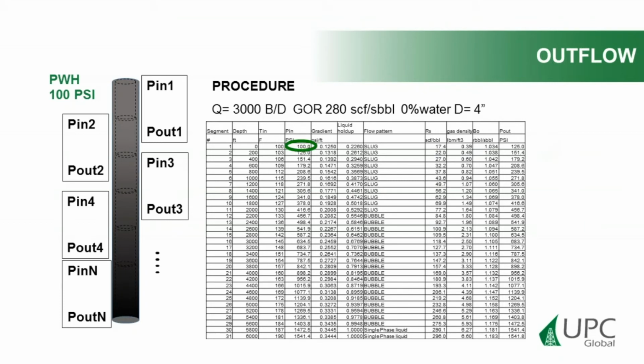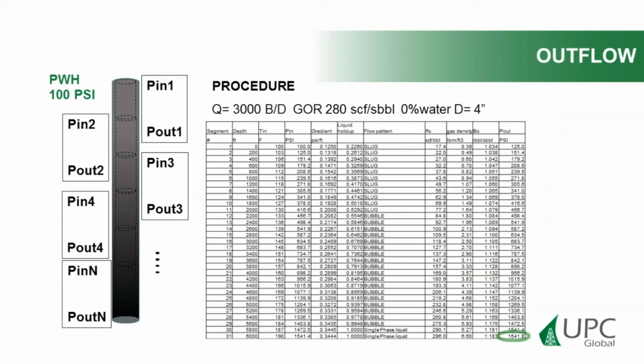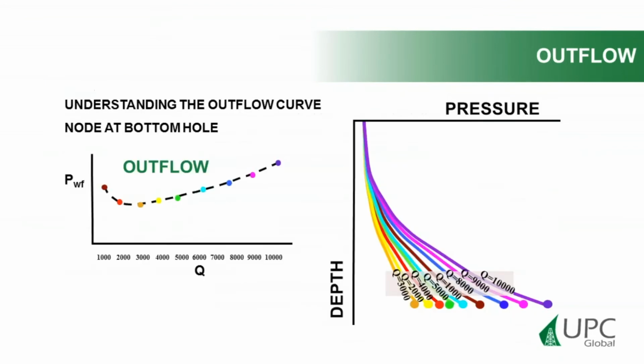I start with the intake pressure, I compute the output pressure for that segment, then I use this output as the next input, and so on to reach the bottom hole pressure, which is the pressure for this given rate, GOR, water, and tubing diameter. I can perform this iterative procedure for different rates.